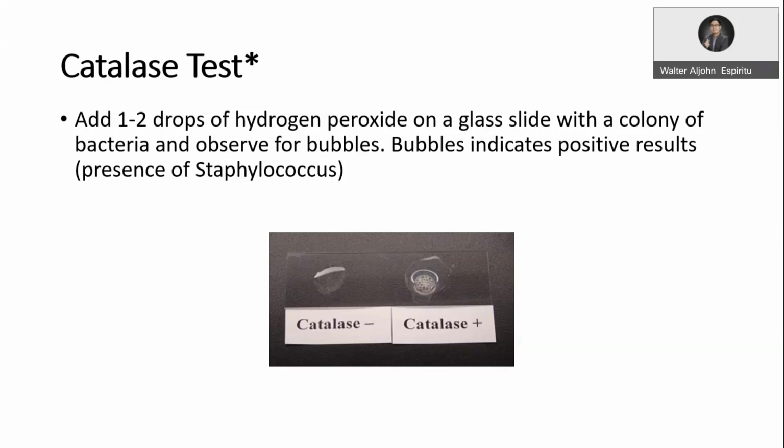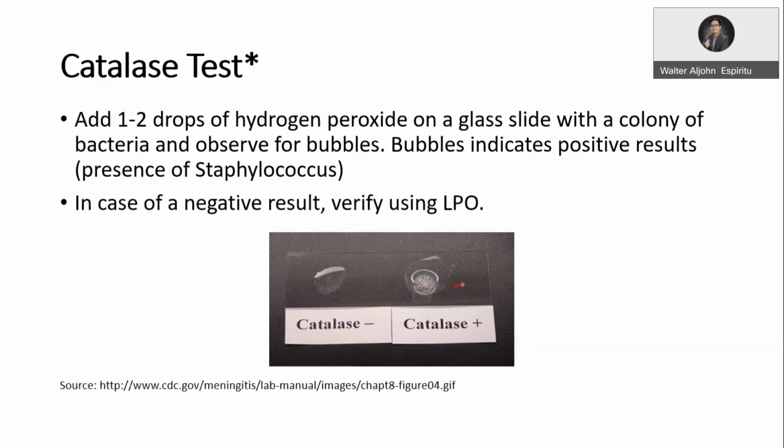For example, here we have a photo of a catalase-positive bacteria. There's bubbling. However, in case of a negative result, or if there is no observable bubbling, you can verify using the low power objective to check if there's a minimal amount of oxygen produced.